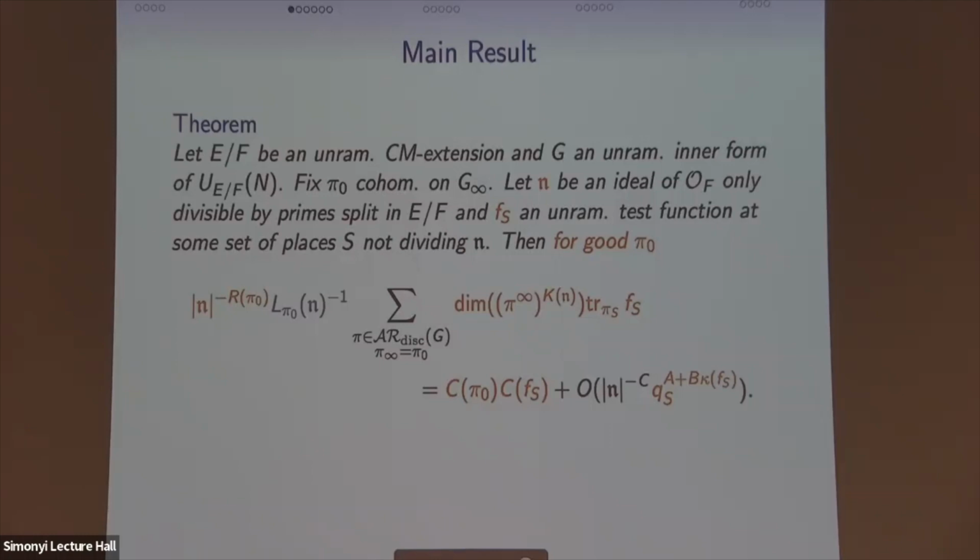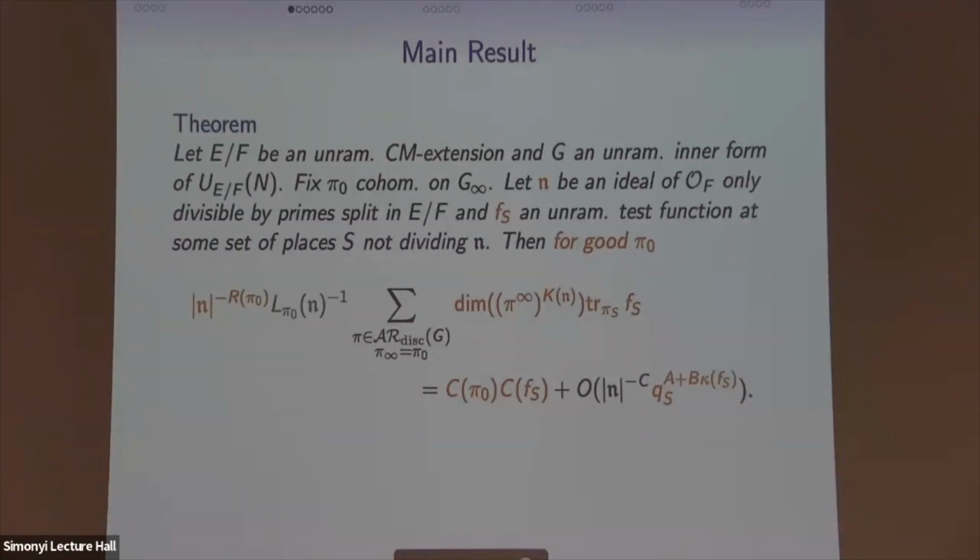We're going to pick an ideal of the ring of integers of F that's only divisible by primes split in E over F. And we're going to pick some unramified test function at some set of places S not dividing n. And then for certain pi 0, we have this asymptotic statement over here.